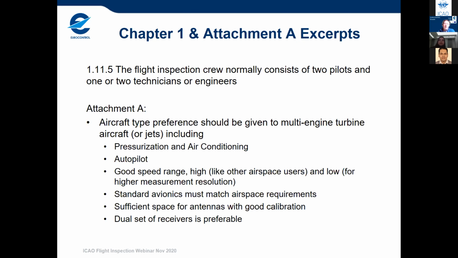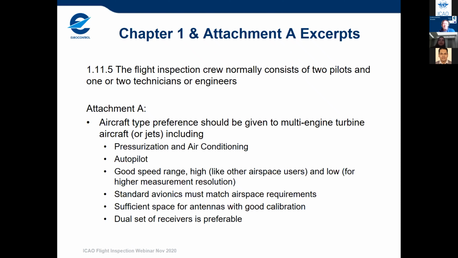So it's an aircraft that ideally is pressurized and air conditioned, has an autopilot also to help with workload, that has a good speed range. In terms of approach speeds, it can do something quite similar to an Airbus A320 or a Boeing 737, but it can also fly slow enough such that you have good measurement resolution. And then, of course, you need to have the avionics to fly in the given airspace.